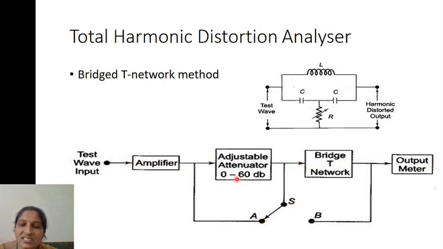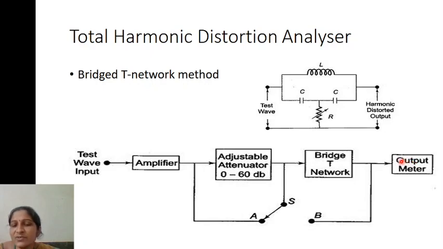That means the adjustable attenuator is bypassed here. Only the bridge T network is in the path, so that the output meter will show the total harmonic distortion of the remaining harmonics except the fundamental harmonic.